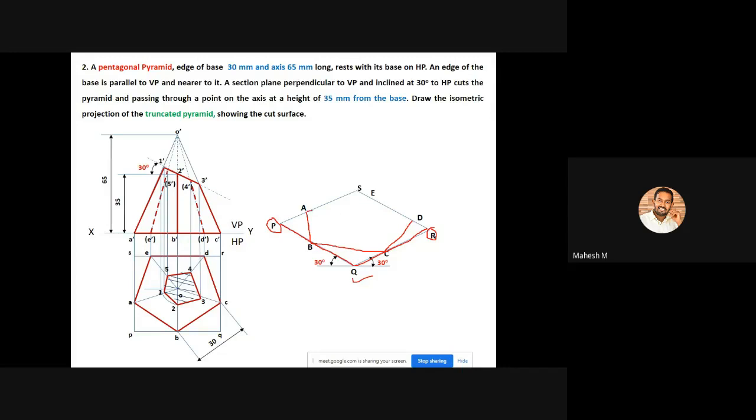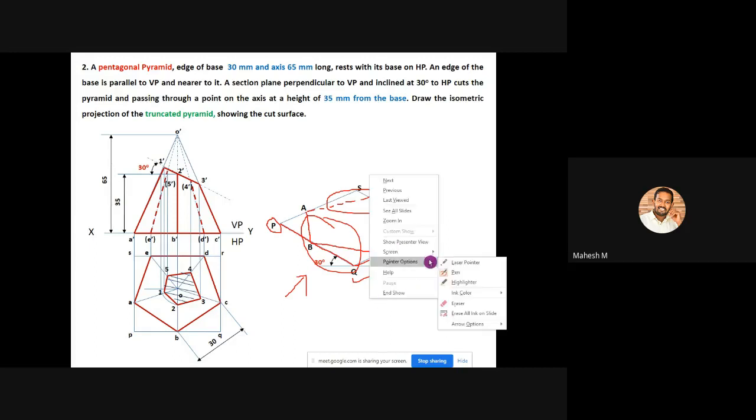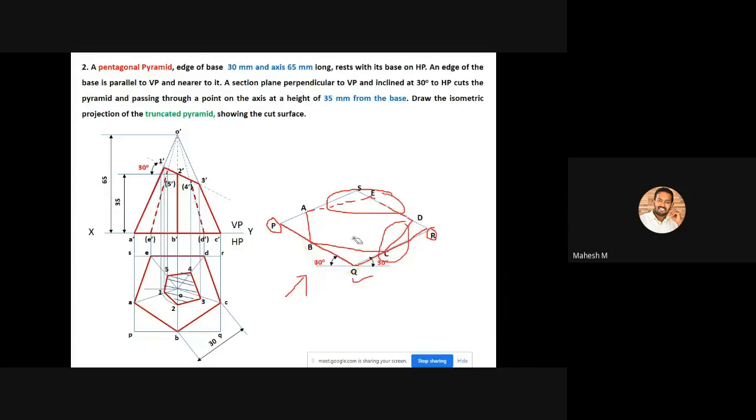So this particular edge AE will not be visible. Similar to that, this particular edge DE will not be visible. Because if you are looking from this direction, you can able to see the surface and also you can able to see the surface. So these particular surfaces will not be visible. Is it okay?